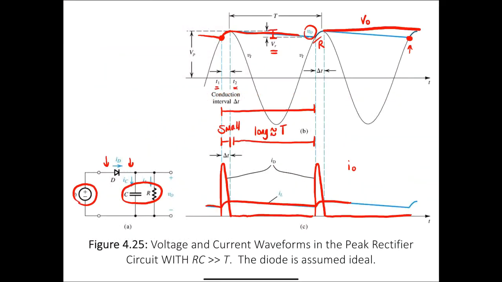The voltage at the end of the interval is going to be equal to the peak minus the ripple, which we already talked about right here.